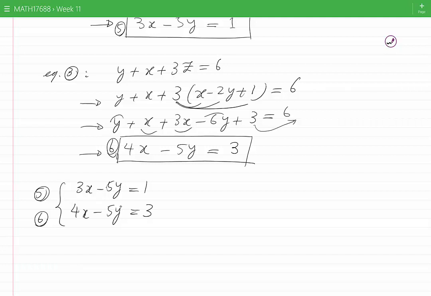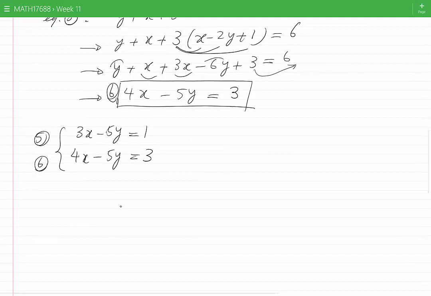I call this stage of the solution stage 2. In stage 1 we had 3 equations, 3 unknowns. In stage 2 we have 2 equations, 5 and 6, and 2 unknowns, x and y. We can apply the method of substitution to reduce this 2 by 2 system to a 1 by 1 system, one equation involving one variable only.